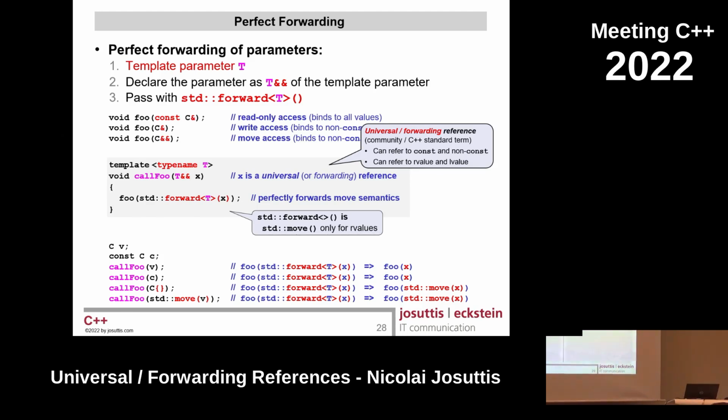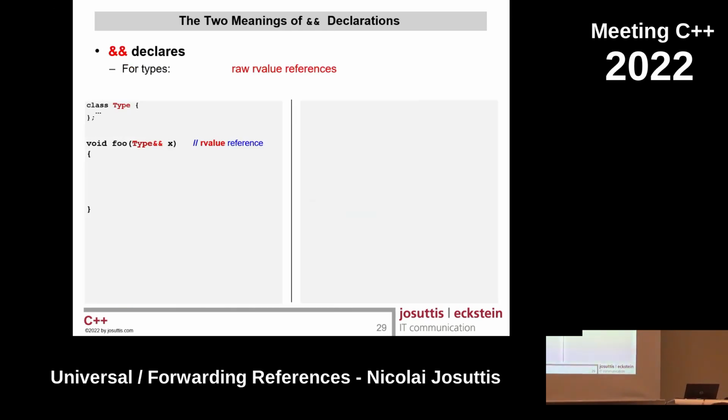OK, but now we have two terms. And you have to be very careful if you see code. If you see code like this, you see a function. And the function has a declaration with 2 ampersands. You have to very carefully look what the thing on the left of the 2 ampersands is.